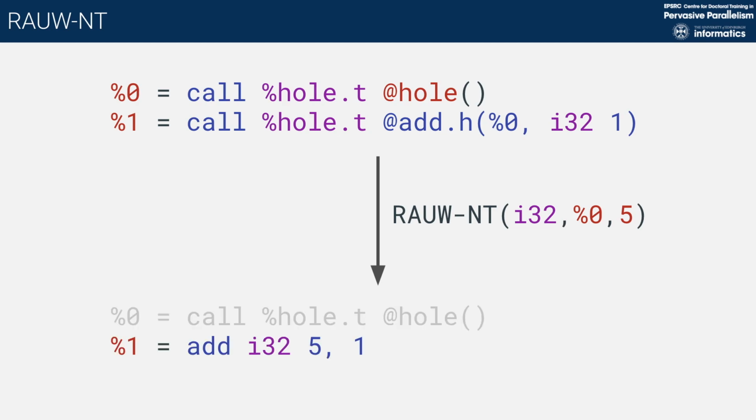As before, the replaced value, %0, is dead. The value 5 has been substituted into all the places where %0 was used previously. Additionally, the type of the second expression has changed to I32 because the types of both of its operands are now known. The add intrinsic function has also been resolved into an add instruction.